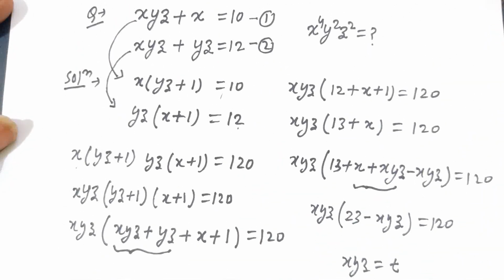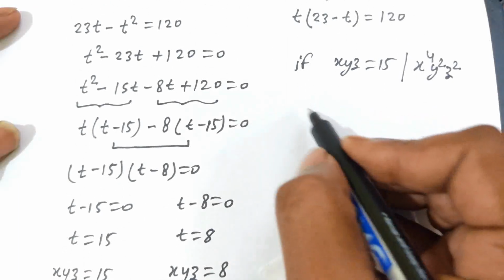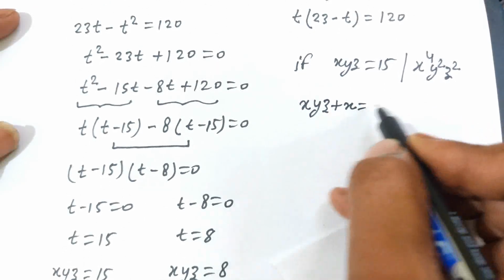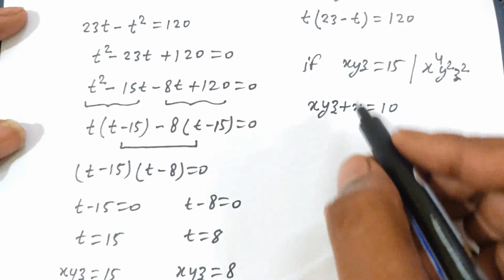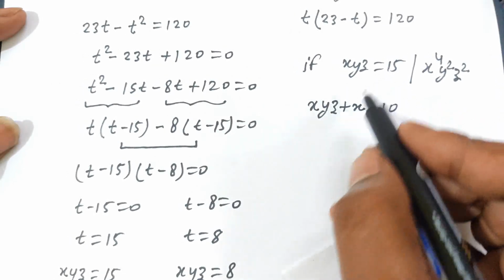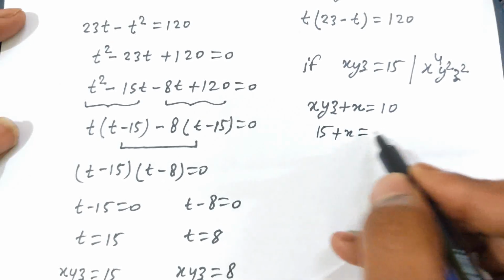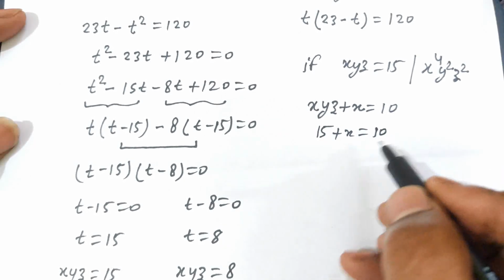Now we know that it is given x times y times z plus x is equal to 10. We know that the value of x times y times z is 15. So this expression is 15 plus x, and this is equal to 10.